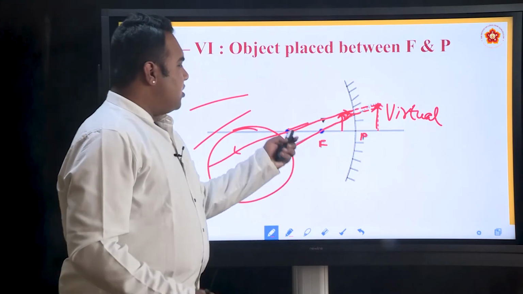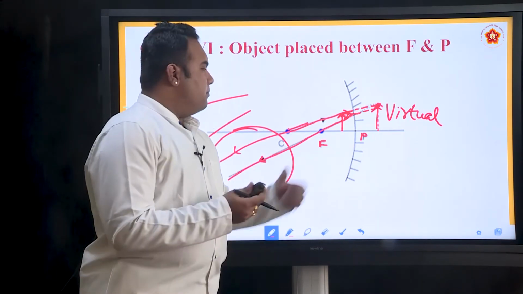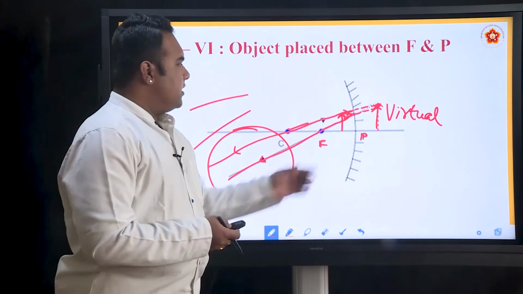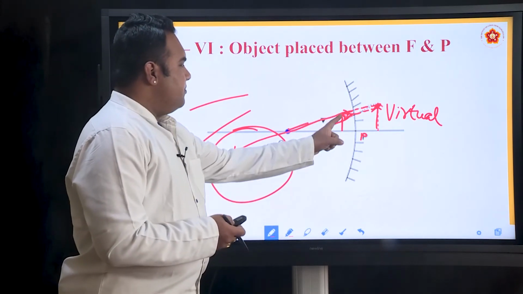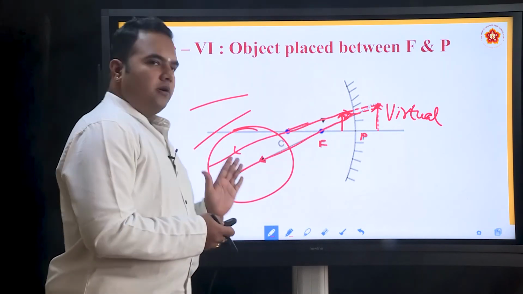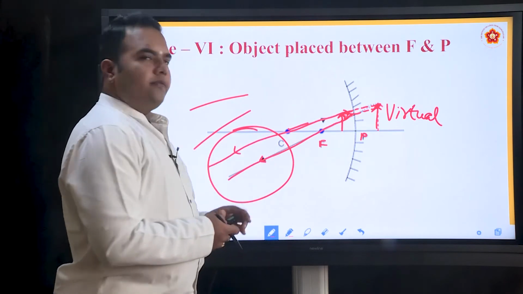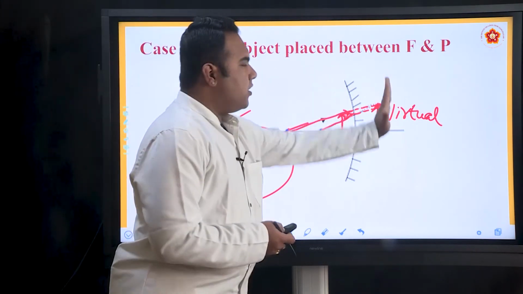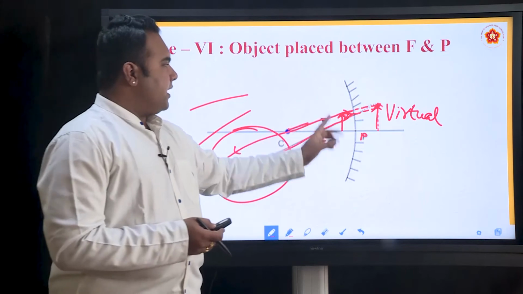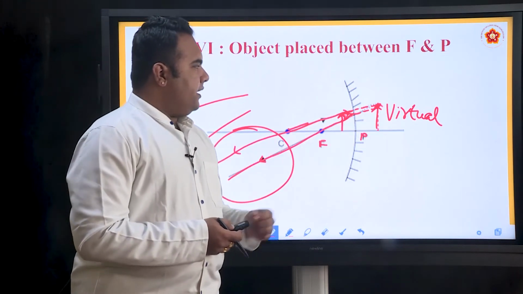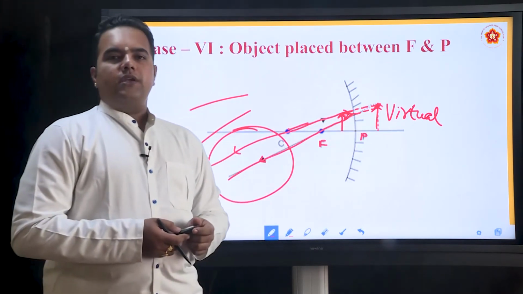Only whenever the object is placed between pole and the focus of a concave mirror, we see that the image is never formed outside or this side of the mirror, but the image is formed always inwards, and the image formed will be virtual in nature.